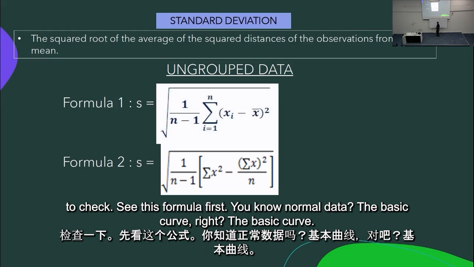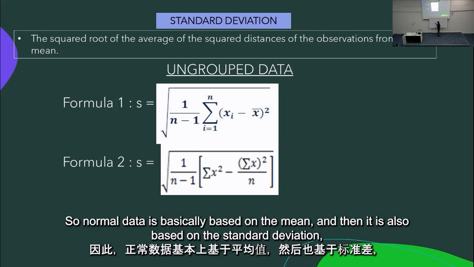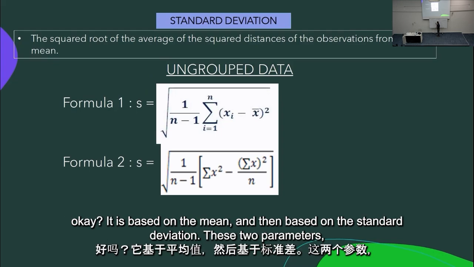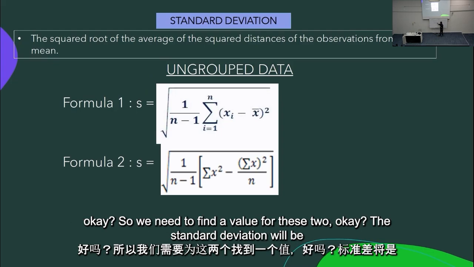You know normal data, the bell-shaped curve, right? Normal data is basically based on the mean, and it is also based on the standard deviation. These two parameters, so we need to find the value for these two.